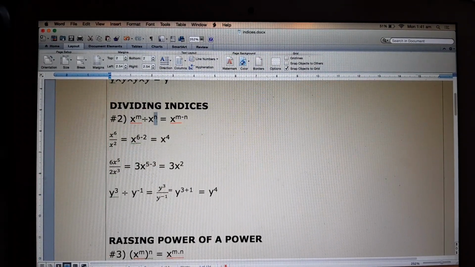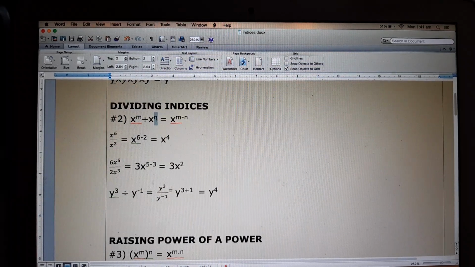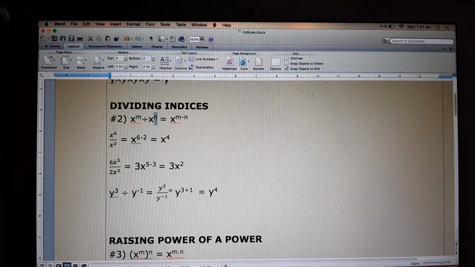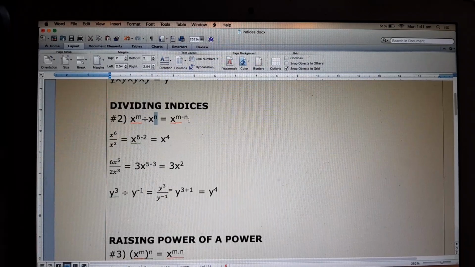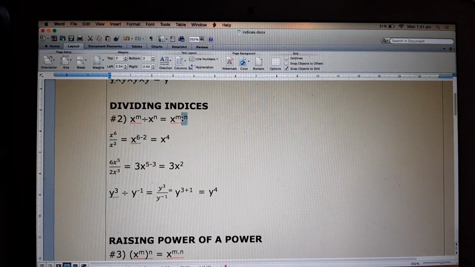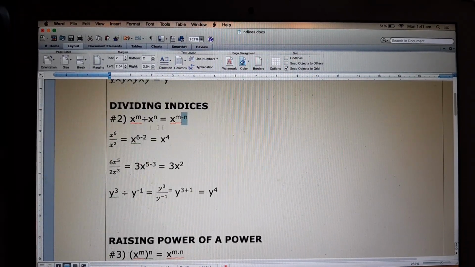Right now it is plus n. When it moves to the numerator, it will become minus n.